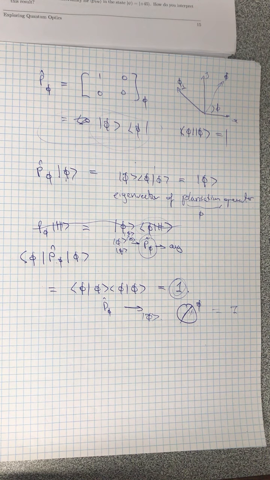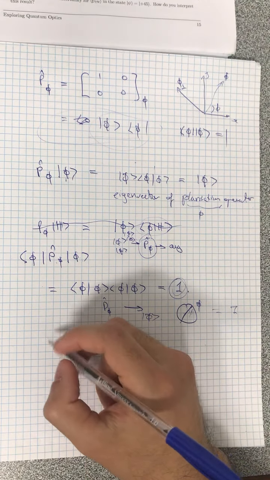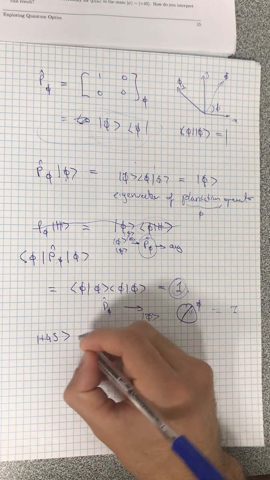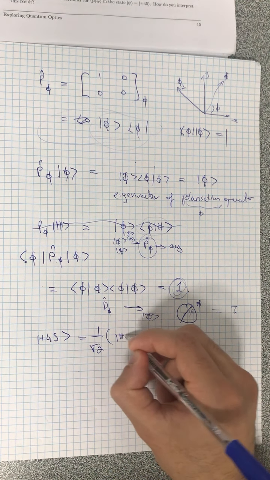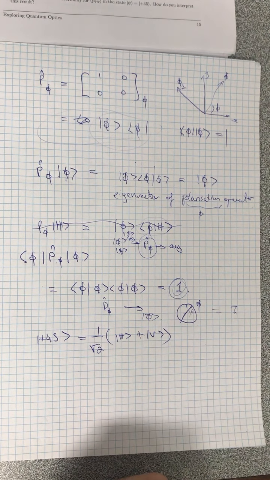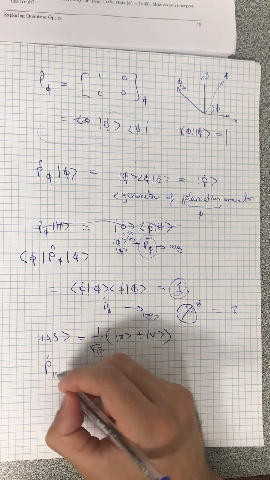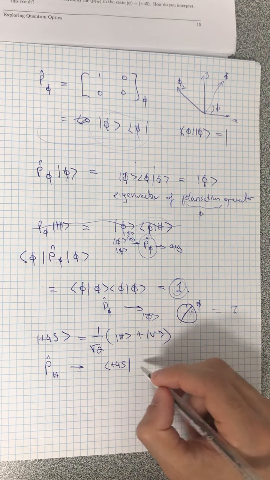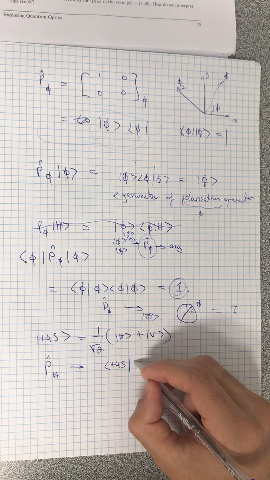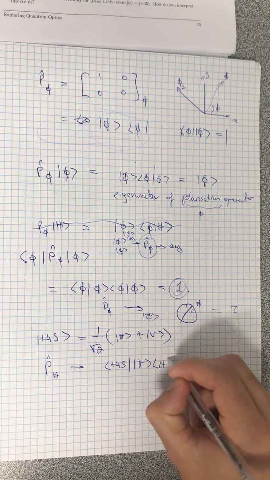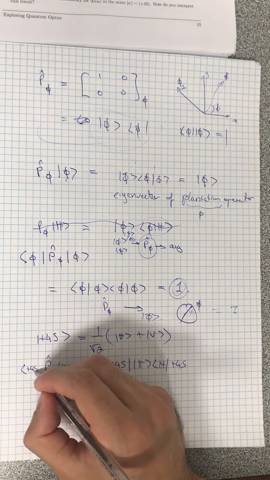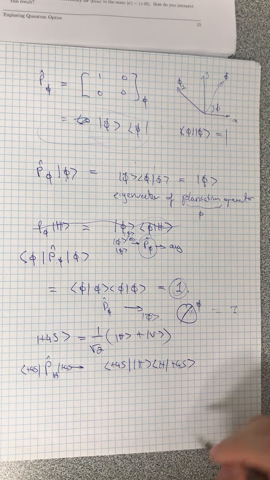So, probably better to consider something a bit less general. So let's say we're in 45, which equals 1 over root 2 times H plus V. Okay, let's do P H. So we get the expectation value of P H in 45, is this.